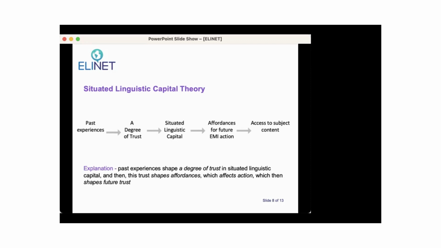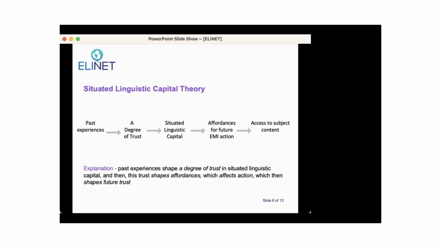So these situations refer to particular experiences or interactions or points of accessing subject content that the students find themselves in, where a degree of trust in a linguistic code is formed or affected. So therefore, linguistic capital is formed by past experiences and has the potential to affect future access to subject content.